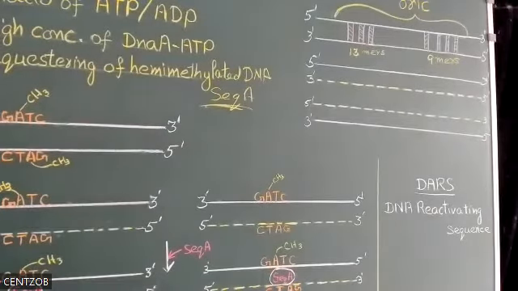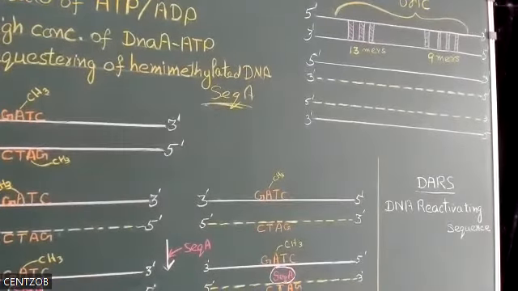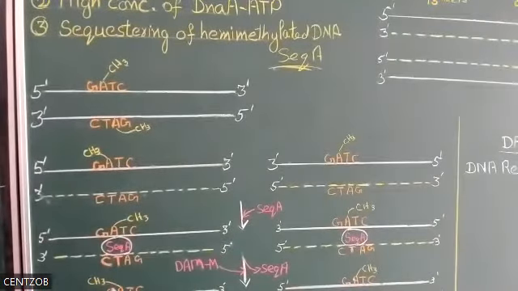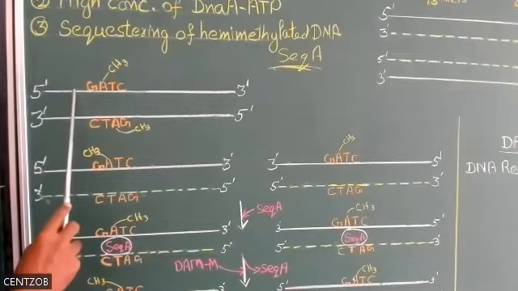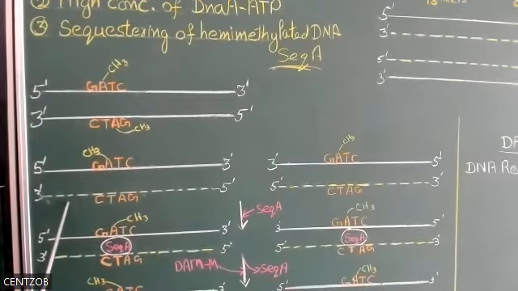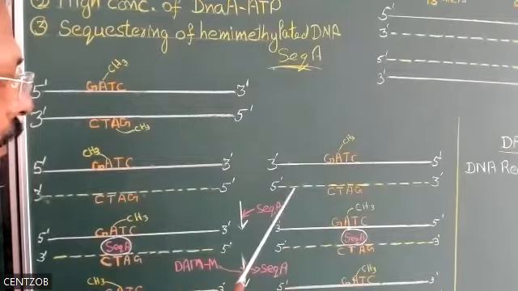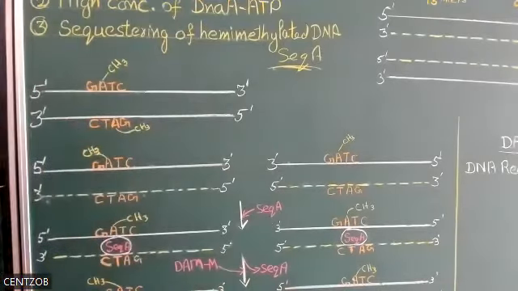See, can you see it well? Yes, I think. So this is the parallel. This parallel strand is here. This is the daughter strand. This parental strand is here, 3'-5'. It is the newly formed one.